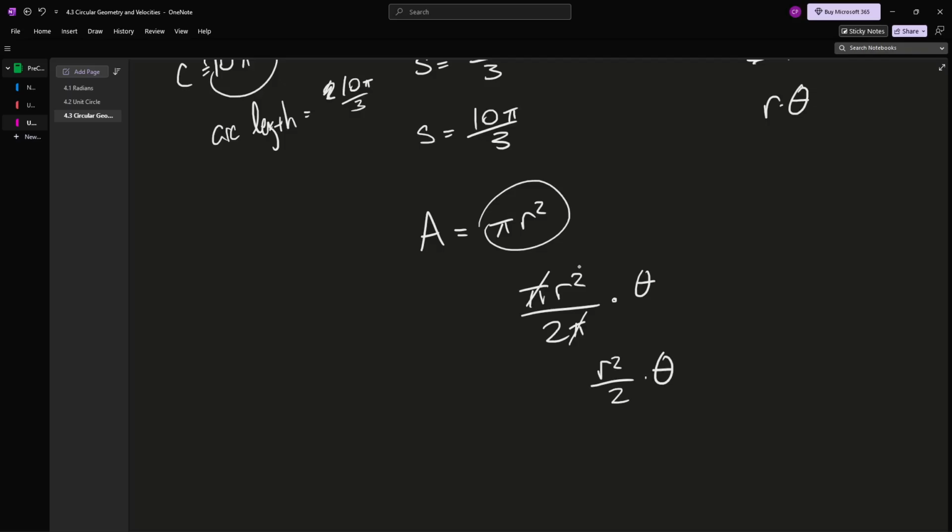But the best way that we write it is 1/2 r squared theta. And this is my sector area. You'll be given these for the exam, but these are 2 new formulas.